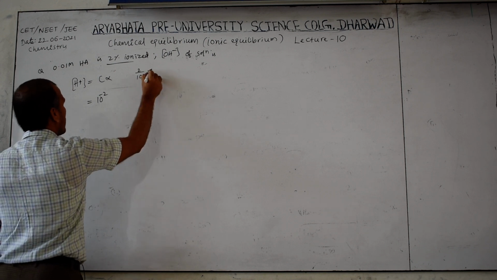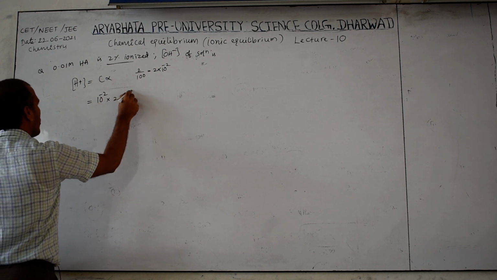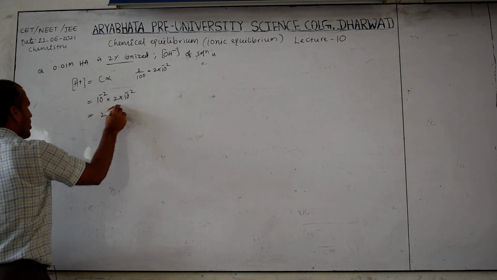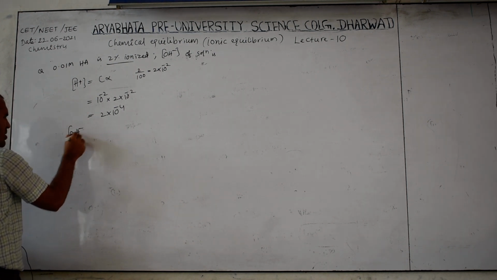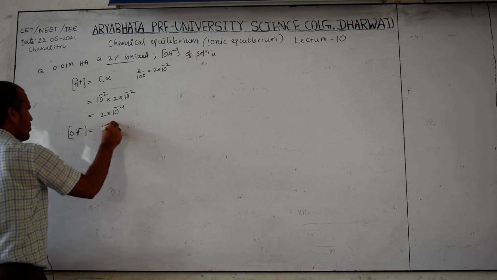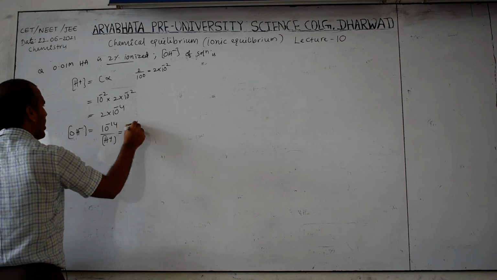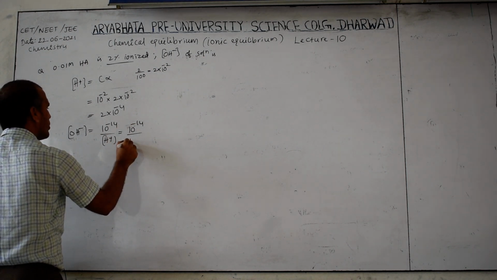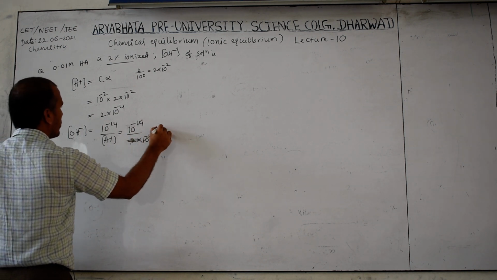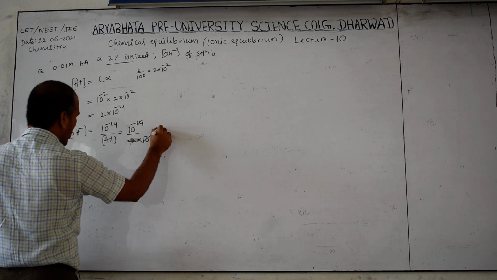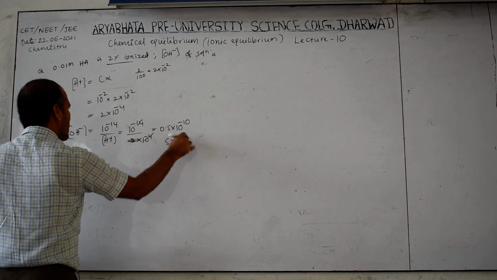So 2 into 10 power minus 2 into 10 power minus 2 gives 2 into 10 power minus 4, the H plus ion concentration. Then the OH minus ion concentration is 10 power minus 14 by the H plus ion concentration, that is 10 power minus 14 by 2 into 10 power minus 4. This is cancelled, then 1 by 2, that is 0.5, then 0.5 into 10 power minus 10, which is 5 into 10 power minus 11.